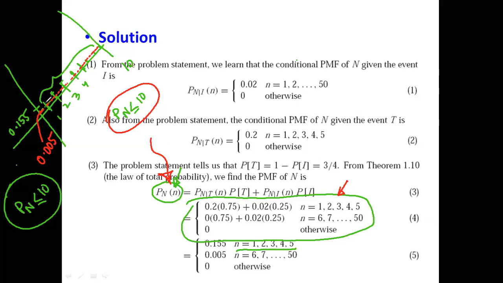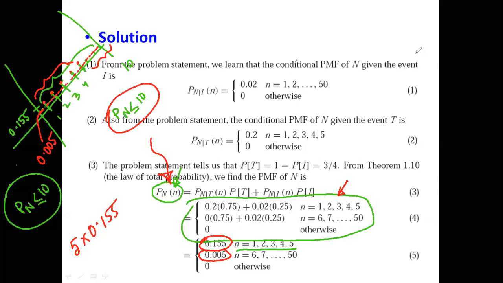We have to add this one, this one, this one, this one, this one, and then we have to add the later ones, 5 to 10, isn't it? So this much probability is there how many times? Up to 5. 5 times. So 5 into 0.155, and this probability is how many times?